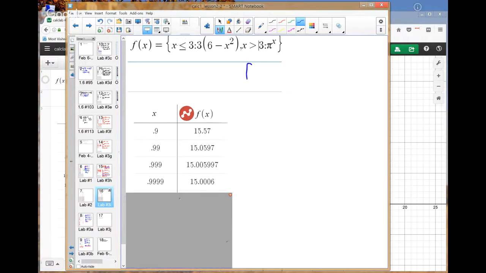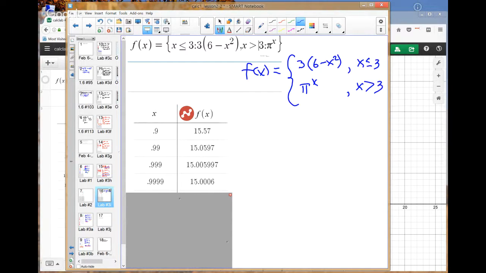So what it says is f of x equals, in the first piece, 3 times (6 minus x squared), and that's when x is less than or equal to 3. And the second piece is pi to the x power, and that's true when x is greater than 3.